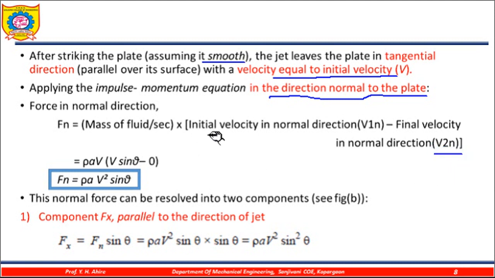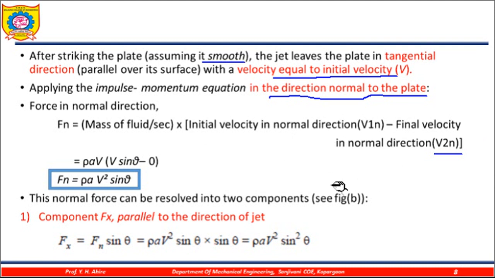Okay, remember this formula. This is a very basic formula. What is the formula? The force in the normal direction, or any direction, is equal to the initial momentum of the jet minus the final momentum of the jet. Initial momentum is nothing but mass per unit time into the initial velocity in the given direction, that is the normal direction, minus the final momentum.